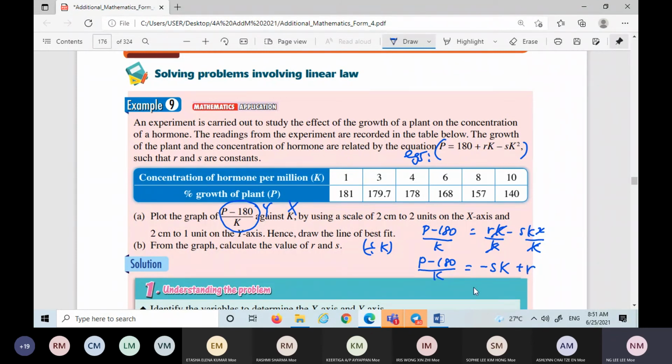Just rearrange them because I want y equals mx plus c. The x is the capital letter K. Okay, so it's done. mx plus c. So therefore the gradient is negative S, and then the c is R.